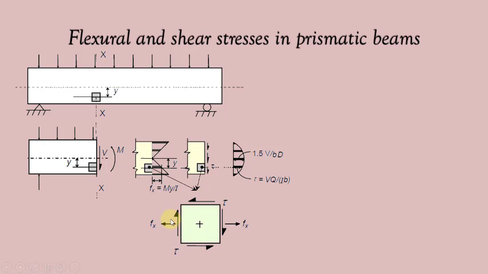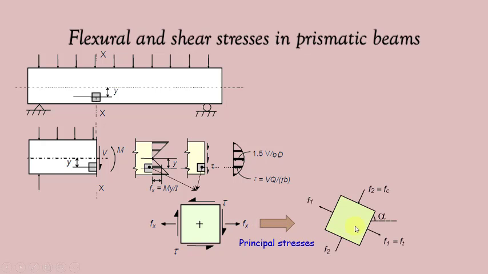This combined flexural and shear stress can be resolved into equivalent principal stresses F1 and F2 acting on orthogonal planes inclined at an angle alpha to the beam axis. The principal stress values and angle alpha are computed using this expression.